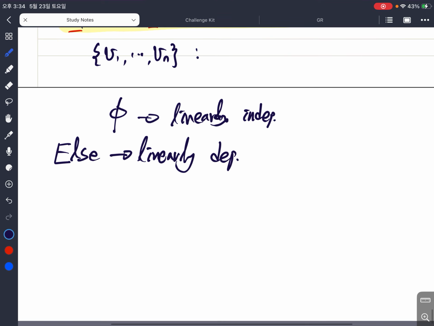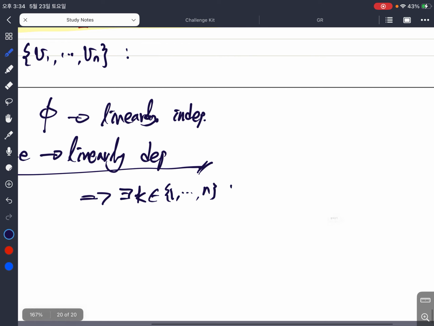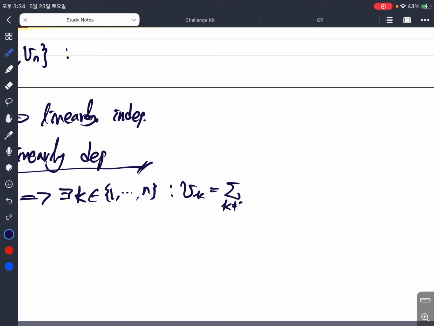It means that if this is linearly dependent, then it has one lemma: there exists some k in 1 to n, and v_k is nothing but a sum over i, which is not k, of a_i v_i.